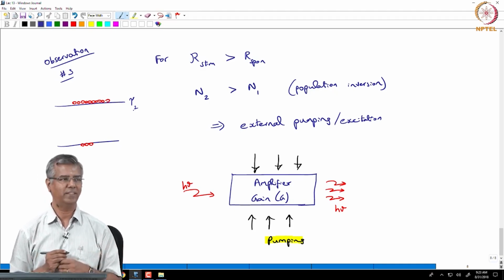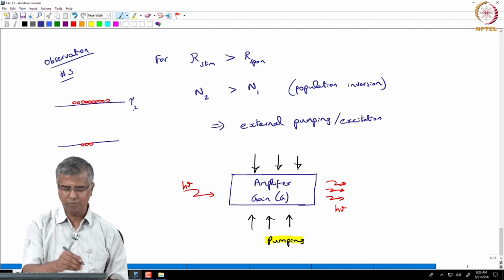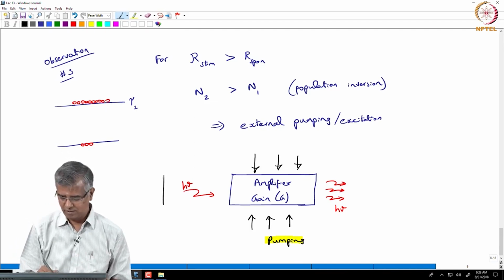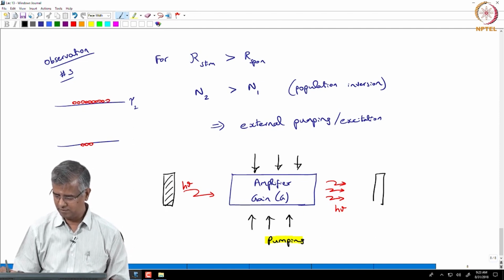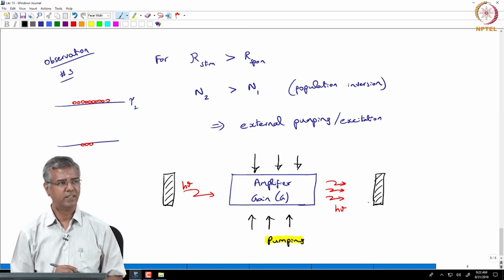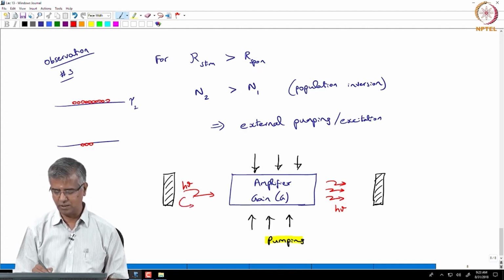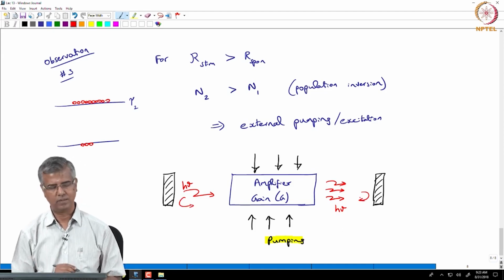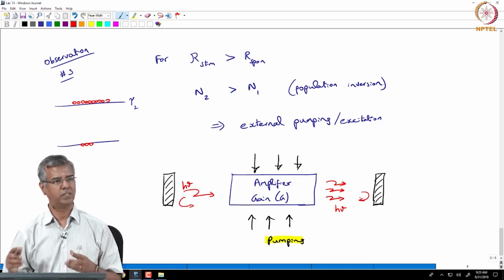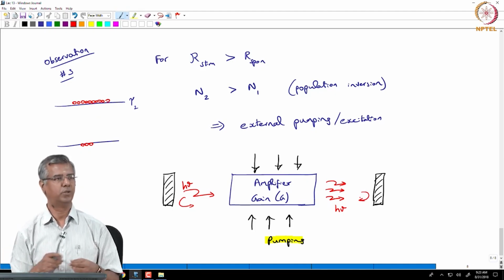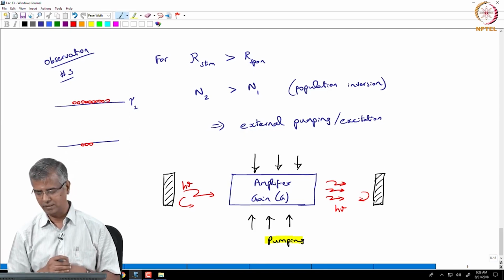Provide feedback. So, where do you provide feedback? You put a mirror here, you put a mirror here. So, what is that feedback? It basically feeds back these photons, which enhance stimulated emission, because every time they come around they are going to stimulate these transitions.